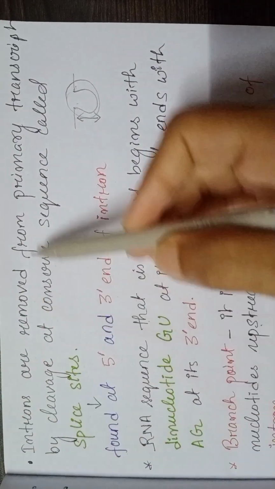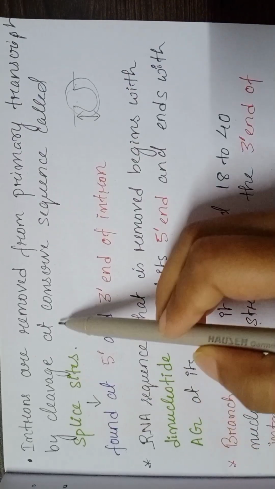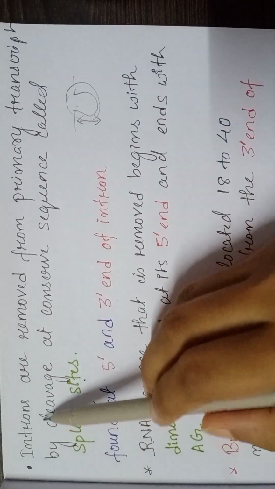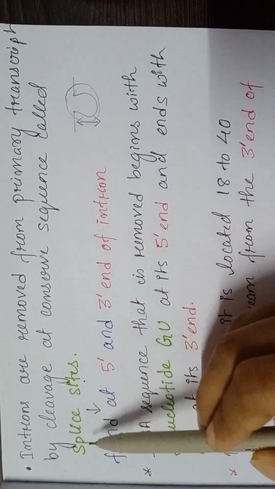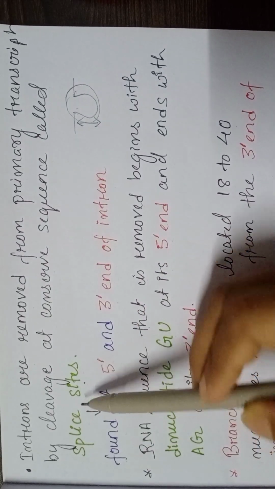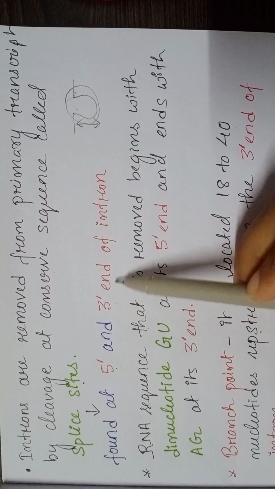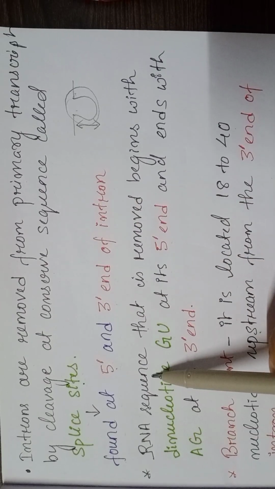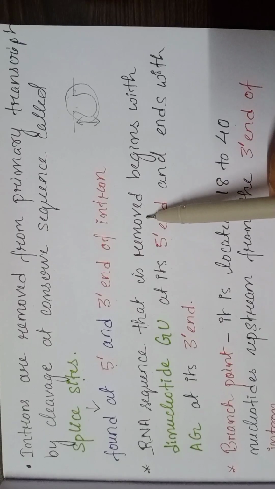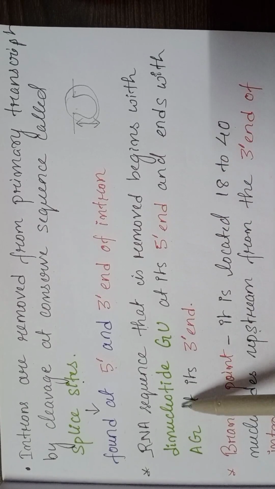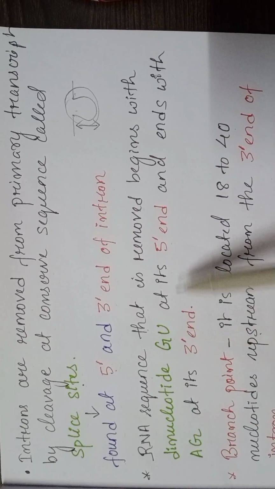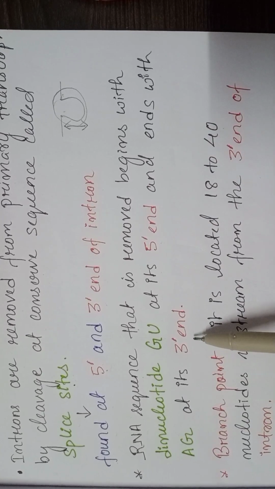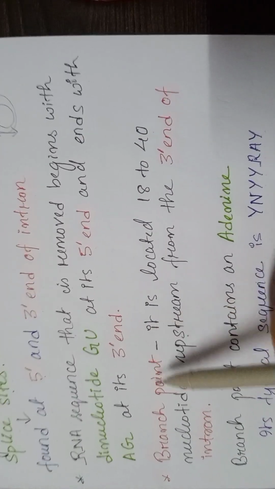Introns are removed from the primary transcript by cleavage at conserved sequences called splice sites. So these introns are cut at the sequences called splice sites, which are found at the 5' and 3' ends of the intron. The RNA sequence that is removed begins with the dinucleotide GU at its 5' end and ends with AG at the 3' end.